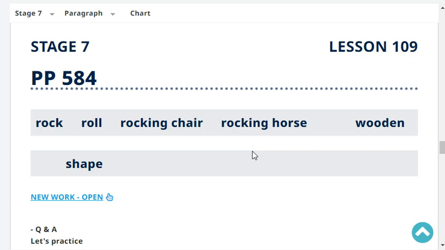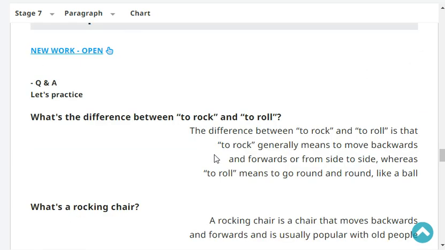The difference between to rock and to roll is that to rock generally means to move backward and forwards or from side to side, whereas to roll means to go round and round like a ball. What's a rocking chair?